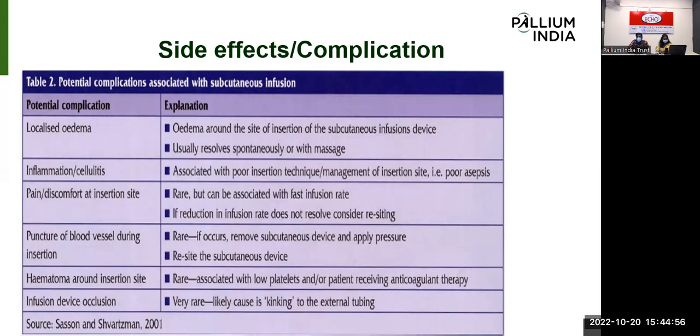Then pain or discomfort the patient is facing on that area, it's also very rare. We need to maintain the rate. If the rate is not maintained at 1 ml per minute or within 20 drops per minute, it will cause pain for the patient.